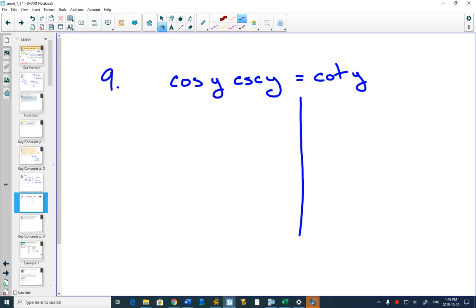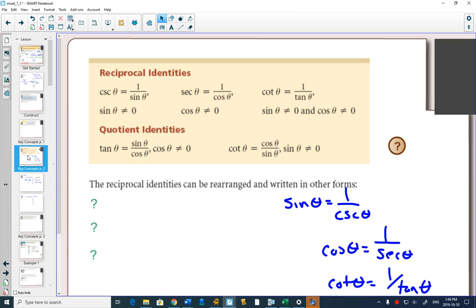And one of the things that you're going to start to notice, if you look at every single trig function that you know, cosecant, secant, cotangent, tangent, every single one of them, there's a way to write it with sine or cosine. Like if you have cosecant, you could change it to 1 over sine. If you had secant, you could change it to 1 over cos. If you have cotangent, you could change it to 1 over tan, but you could also change it to cos over sine.